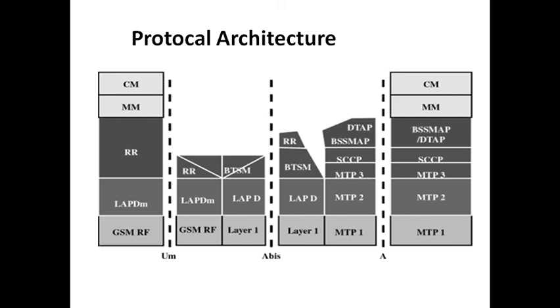These are joined via the interfaces Abis and A. All of call management, mobility management, radio resource management, link access procedure for D channel, pulse code modulation, BTS management, BSS application part, and signaling system number 7 are implemented in the protocol architecture for signaling.